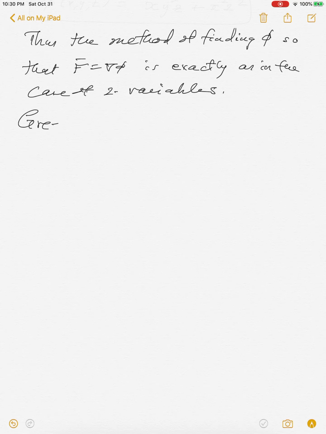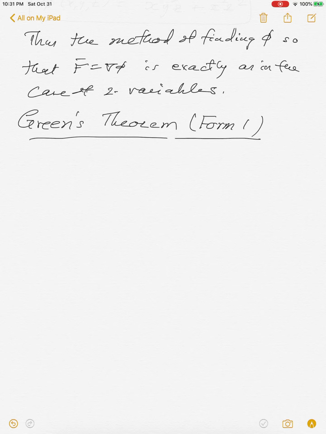So now let's move on to the next topic, and the next topic is called Green's theorem. There are two forms of this theorem, and I will explain first the first form. So what does this theorem say?